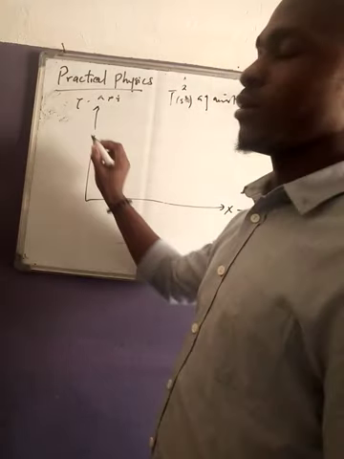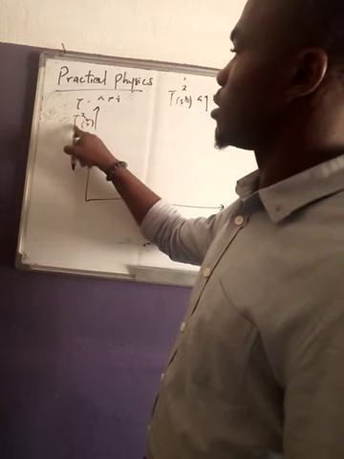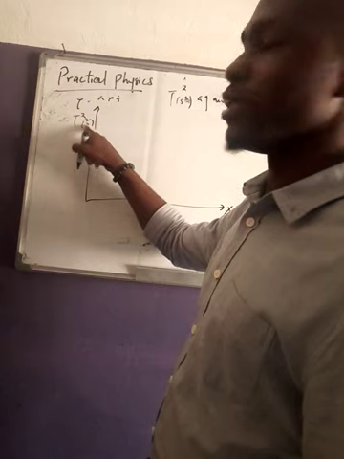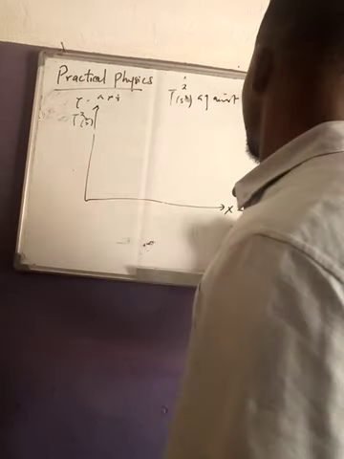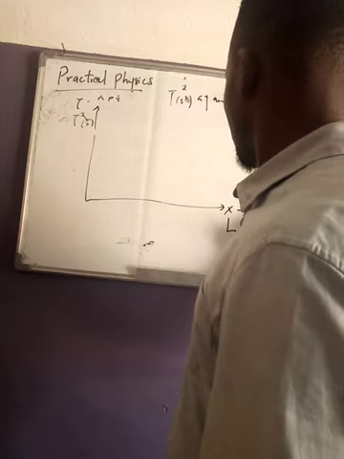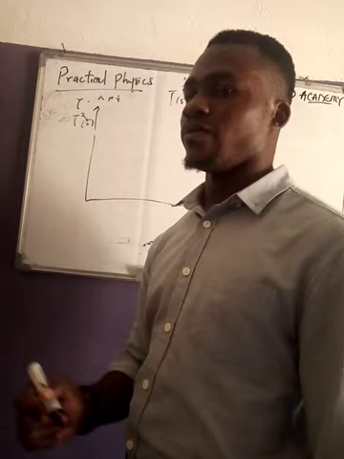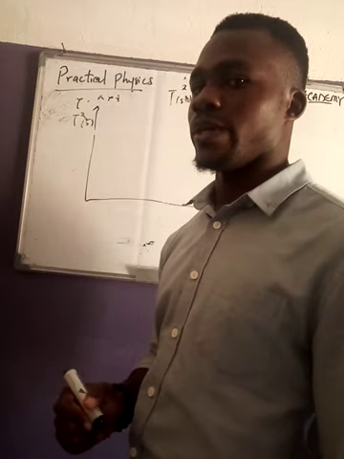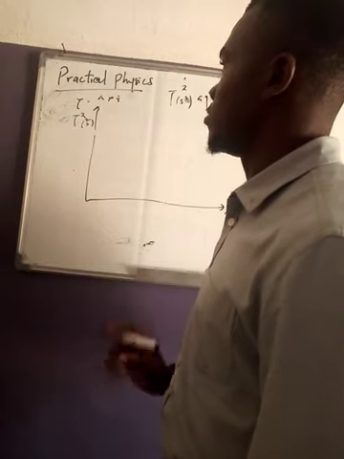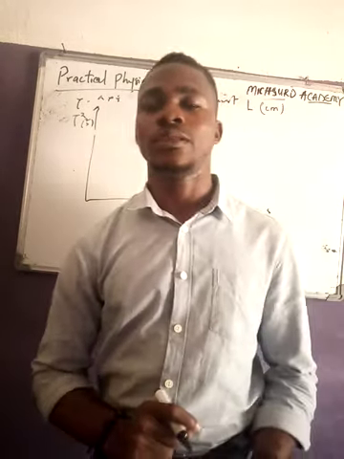Are we together? So you put the unit here, T squared. This is the parameter for period squared, so the unit is s squared, and this is the parameter for length, and the unit can be meter or centimeter, depending on what is given to you or what you use in your experiment. So this is all some of the hints that you need to know while performing the practical.